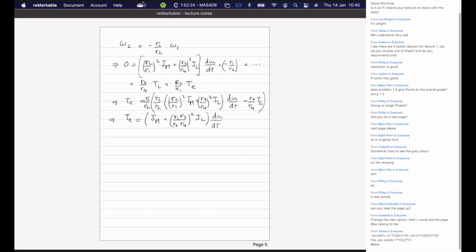And then here we have minus R1 R3 divided by R2 R4 TL, which is the same result as we had previously if we were moving the inertia on the motor shaft.